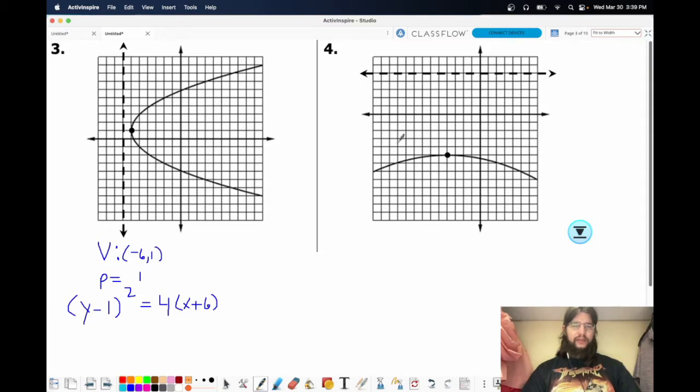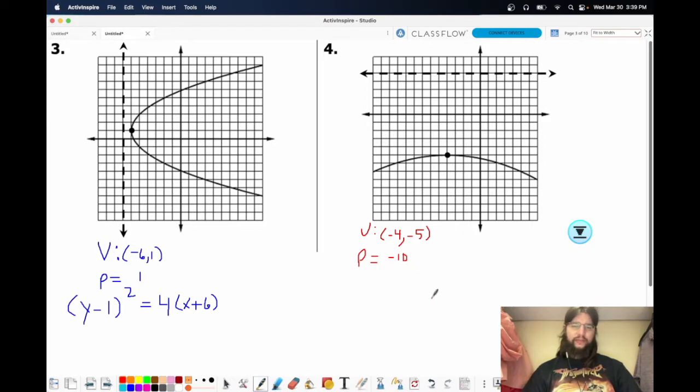Okay, let's go over to this one. Vertex is at 1, 2, 3, 4, 5, so negative 4, negative 5. P, let's see, 1, 2, 3, 4, 5, 6, 7, 8, 9, 10 units away. It's pointing down, so that's negative.